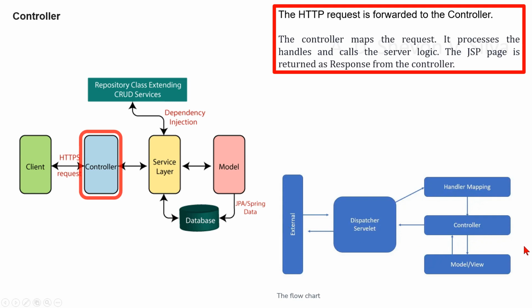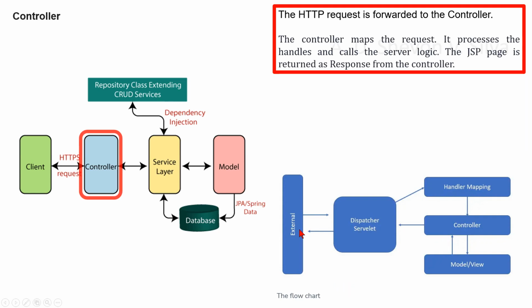Step 4, this is how it works in general, but in Spring MVC we have a view resolver, but here in Spring Boot we do not have it because we do not render the view. In return, we just simply send the JSON or XML as the response to the client.